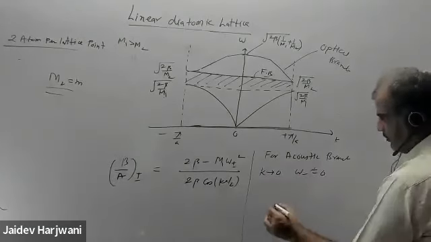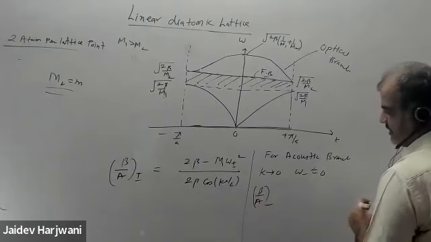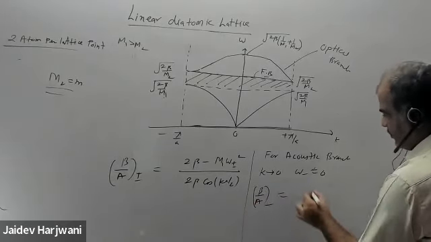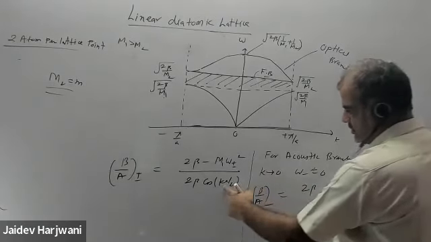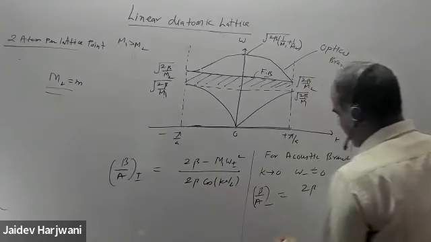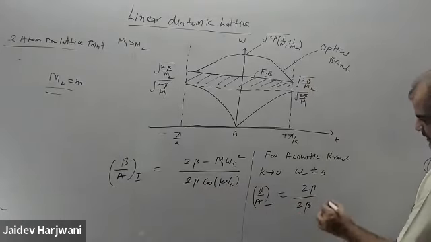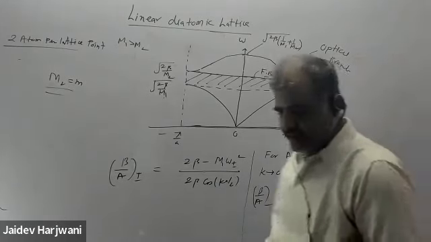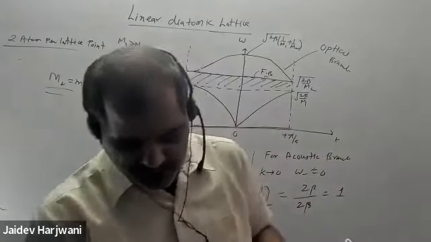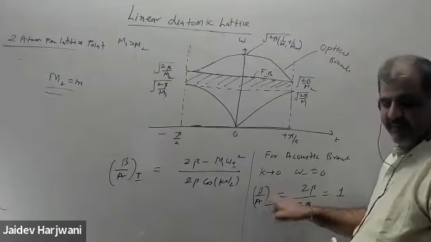If I calculate b by a for the acoustic branch, this gives 2 beta, and when k tends to 0, cos tends to 1. So I get 2 beta upon 2 beta, that is 1. That means near k equal to 0, both the atoms have the same amplitude.